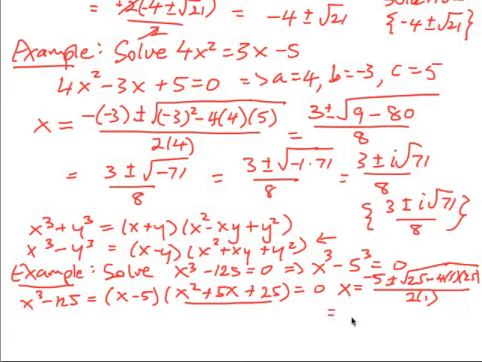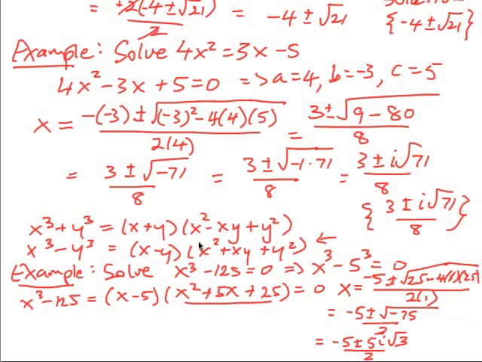So notice this comes out to be negative 5 plus or minus the square root of 25 minus 100, since 4 times 25 is 100, which is negative 75, over 2. And so this would be negative 5 plus or minus, now we have a square root of a negative, so we have an i in here and a 3 times 25, so this would be 5i square root 3 over 2.